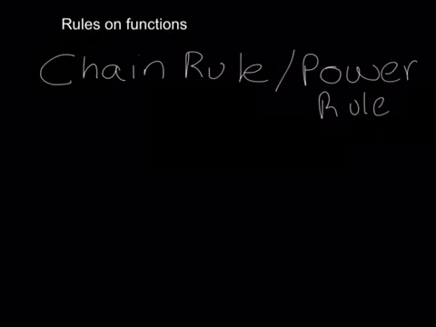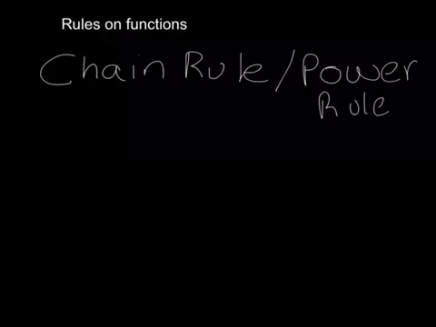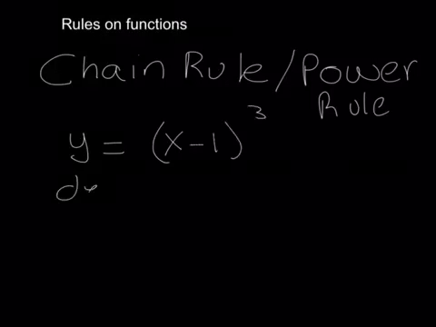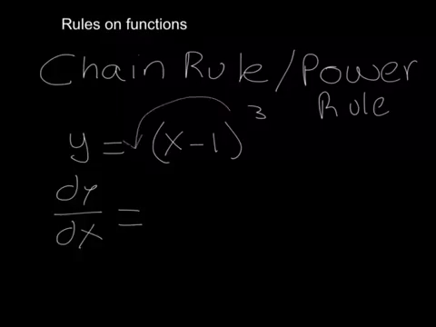Alright? Now, we will continue with an example. So, for example, if our function is y equals x minus 1 to the third power, our f prime or dy over dx would equal the 3 coming in front. So in this case it would be 3.